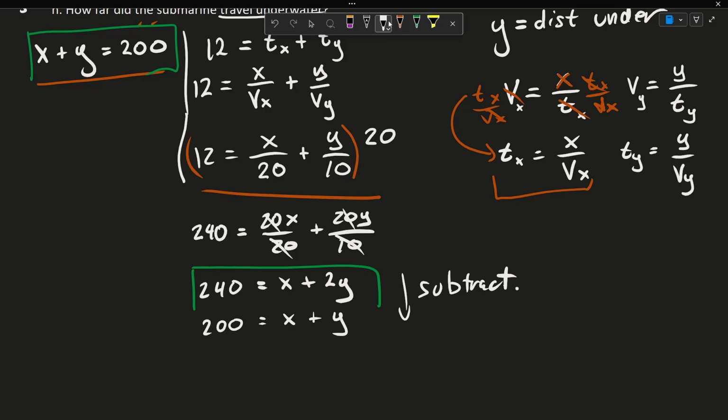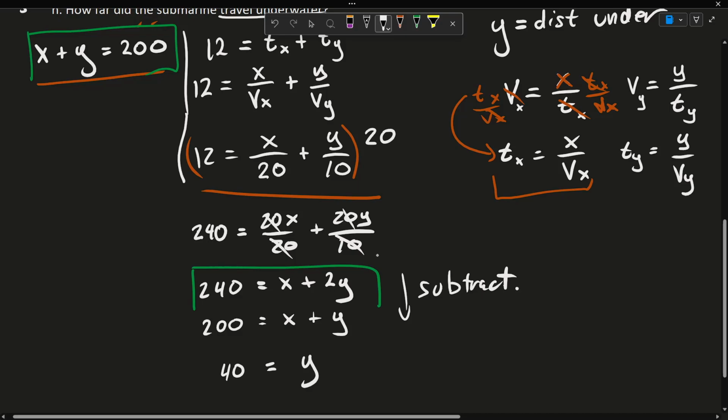I can subtract immediately right now because the x's have a common like term right here, a 1 and a 1. So I get 240 minus 200 is 40. x minus x is 0x, so the x's cancel. And then I've got 2y minus y, which leaves me just a y, and I know that y is 40. Interesting. And that's all we actually needed.